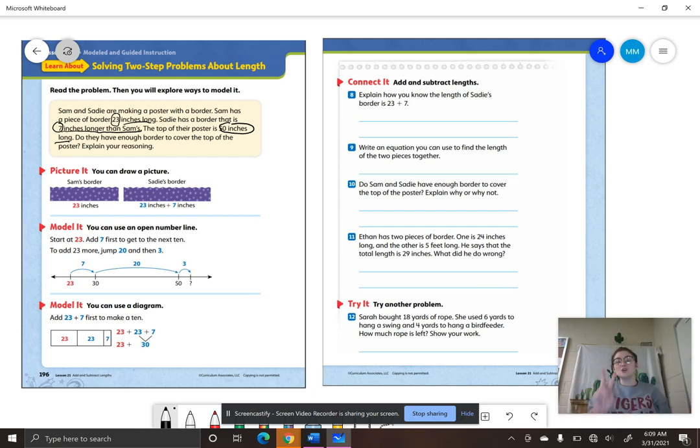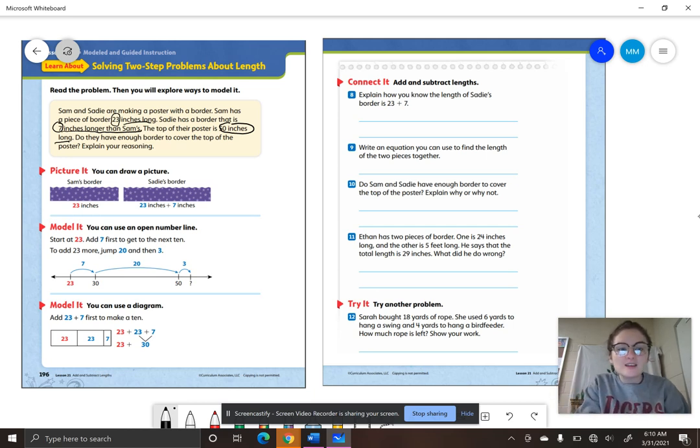So this is a two-step problem. The first thing we need to do is figure out how long Sadie's border is, right? We know that Sam's border is 23 inches. We know that Sadie's border has the same amount of inches as Sam's, but also has 7 more inches.